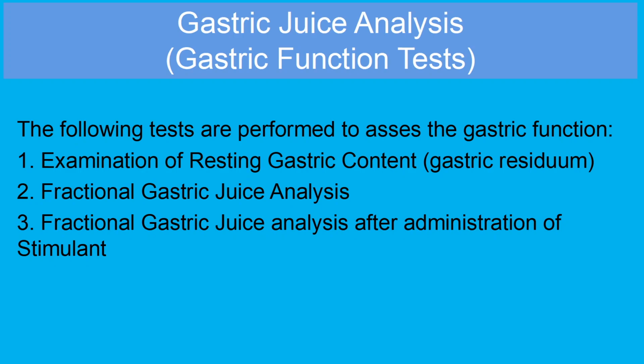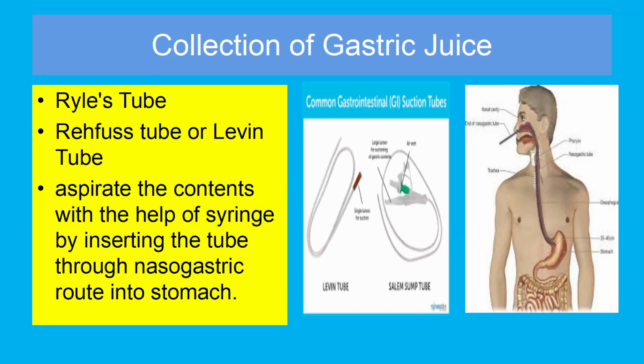In this video we'll see only the first test, and in the following videos we'll discuss the other gastric function tests. Before going into the test, we have to know how to collect gastric juice.